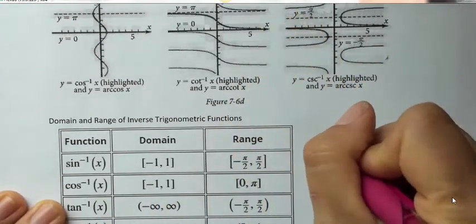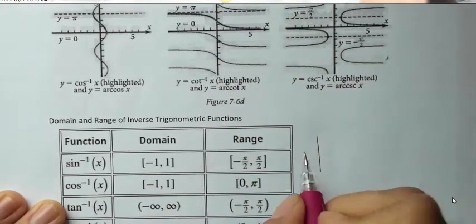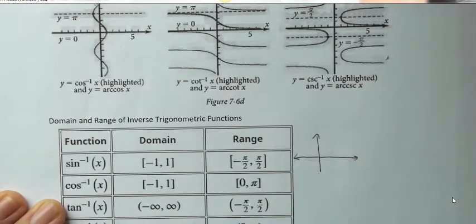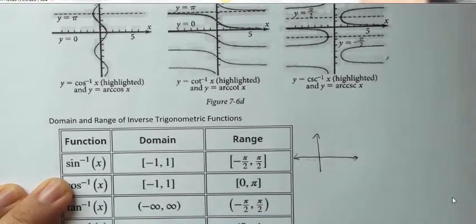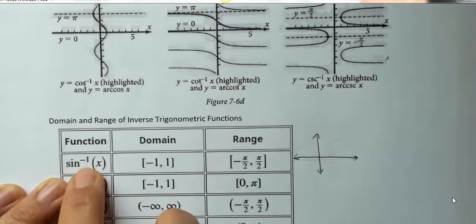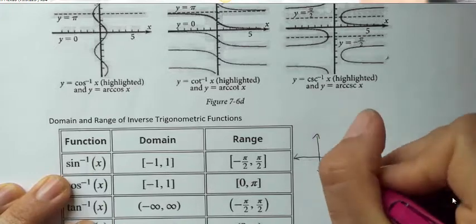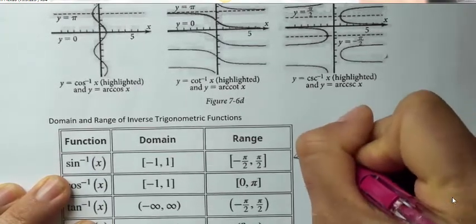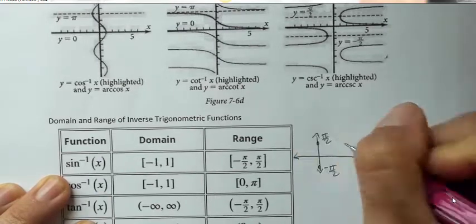So looking at it like using my unit circle or my quadrants, I could say that for the sine inverse or even for the sine function when I'm trying to solve for an angle, basically using sine inverse, I'm allowed to go from negative pi over 2 to pi over 2.